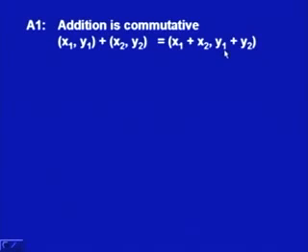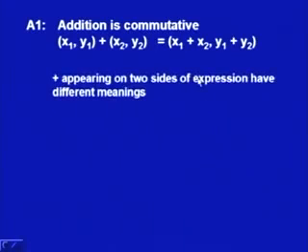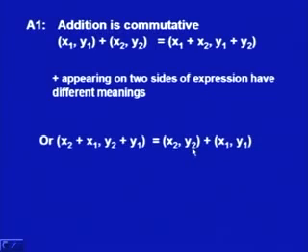But x1, x2, y1 and y2 being real numbers, their sums are also real numbers. So x1 plus x2 and y1 plus y2 can be written as x2 plus x1 and y2 plus y1. Now here one may notice that the plus on the left hand side and the plus on the right hand side have different meanings.